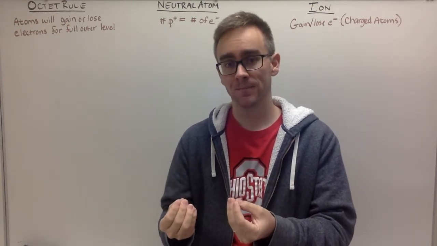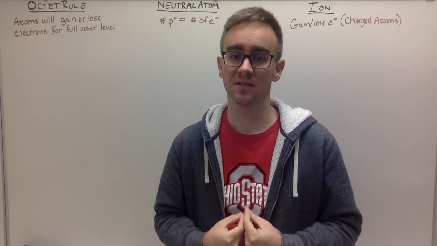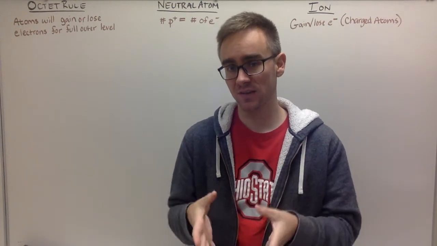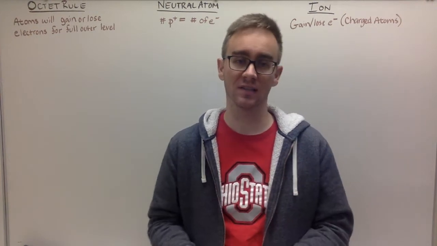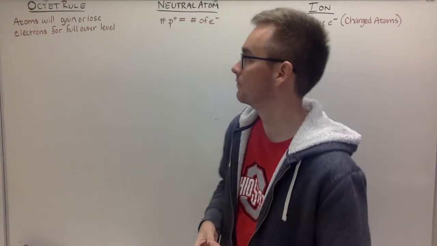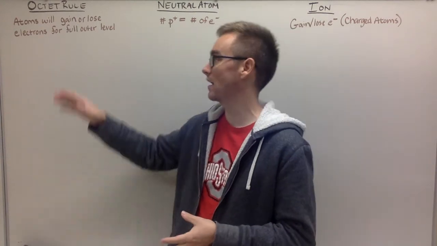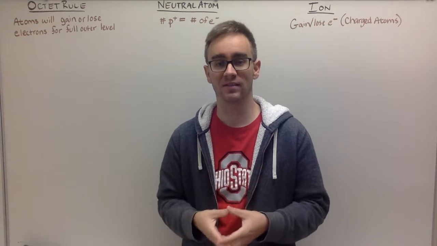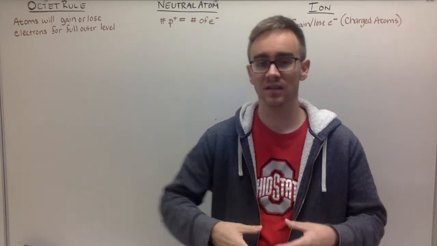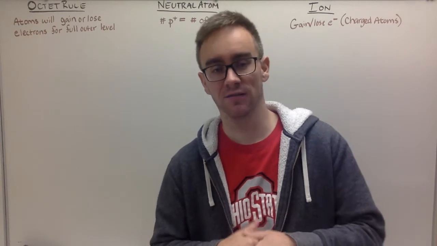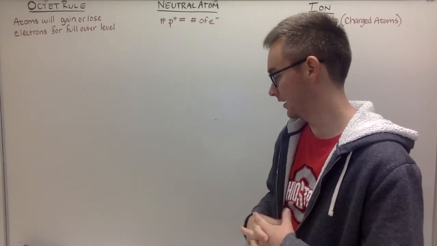For others, it's easier to lose a few electrons and then have the previous energy level be full, and I'll show you examples of both. In both cases, I like to say that all atoms are unhappy unless they have a full outer energy level, and that makes them happy. It makes them chemically stable.